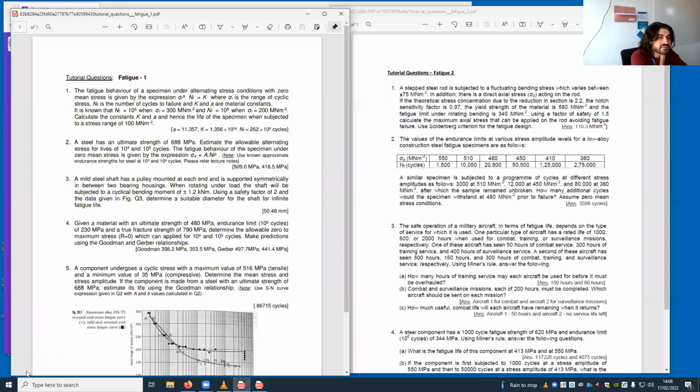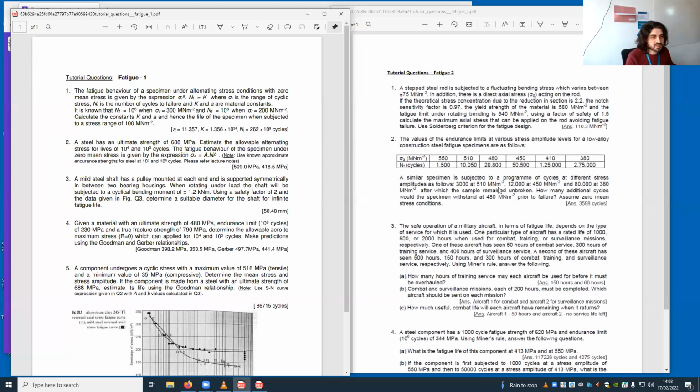And we want to find K and A. So how much is K, how much is A? Basically the parameters of the model, of the fatigue model. And what is the life of the specimen? So NF such that the stress range is 100 megapascal.